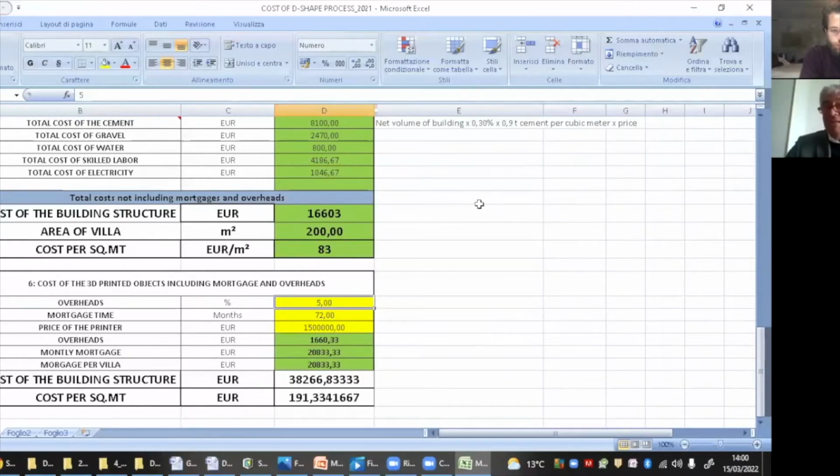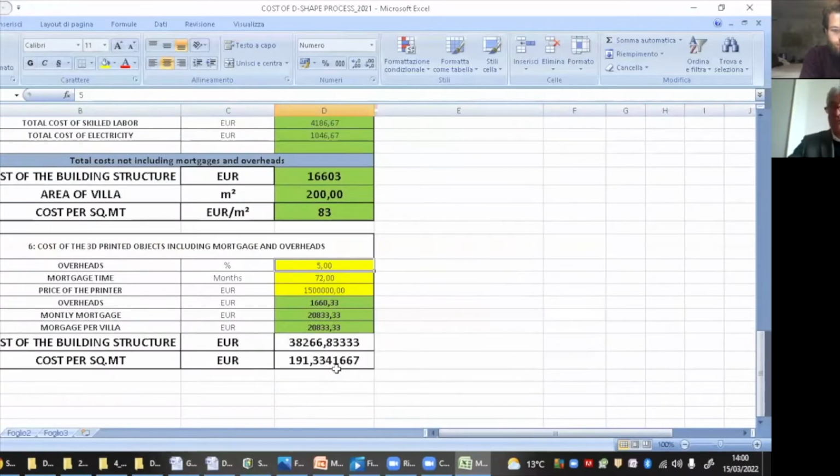Now, even in the lowest scenario of the lowest construction cost of 250 euros per square meter, we are at 191, which is already below the threshold. This isn't turnkey. This still needs electrical, plumbing. Yes, of course, you need plumbing and so forth.